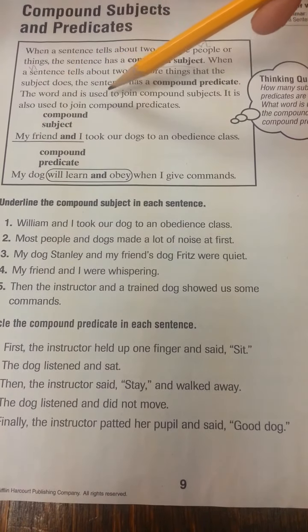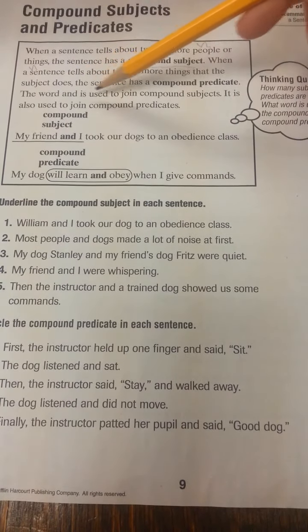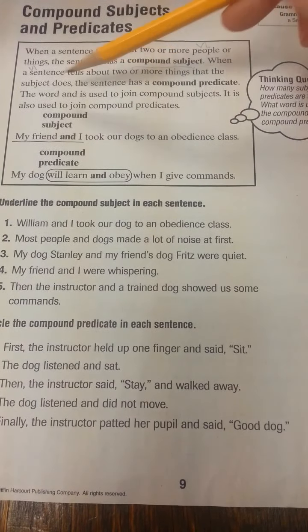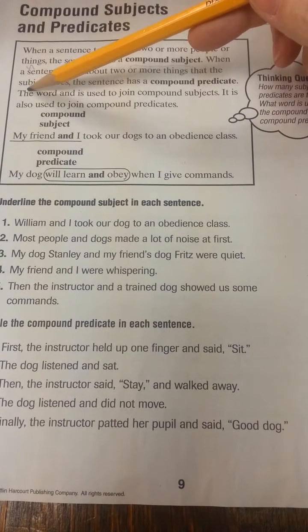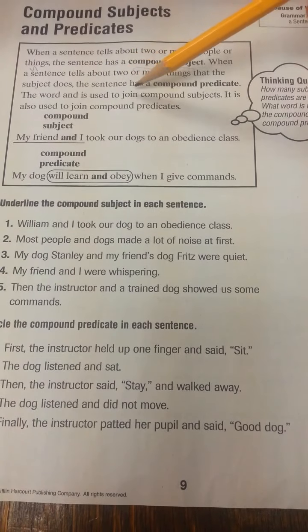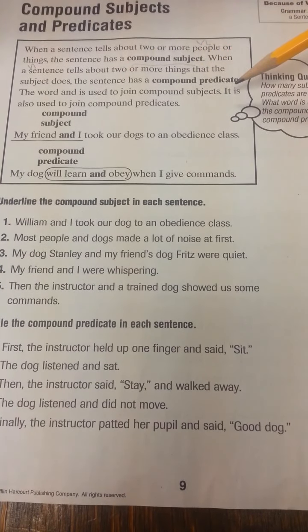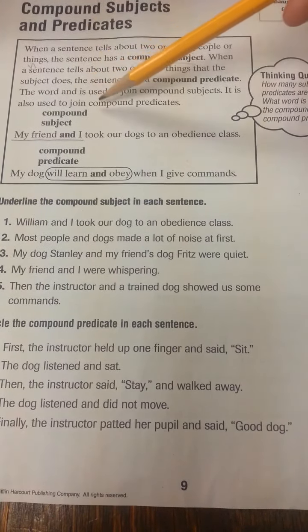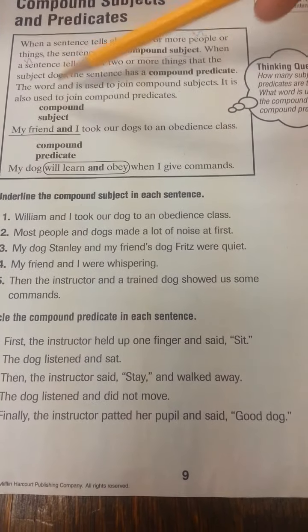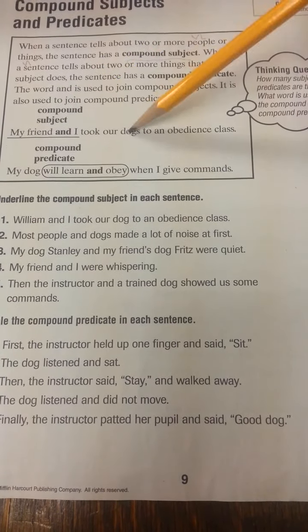The word and is used to join compound subjects. It is also used to join compound predicates. Compound subject. Look at their example.